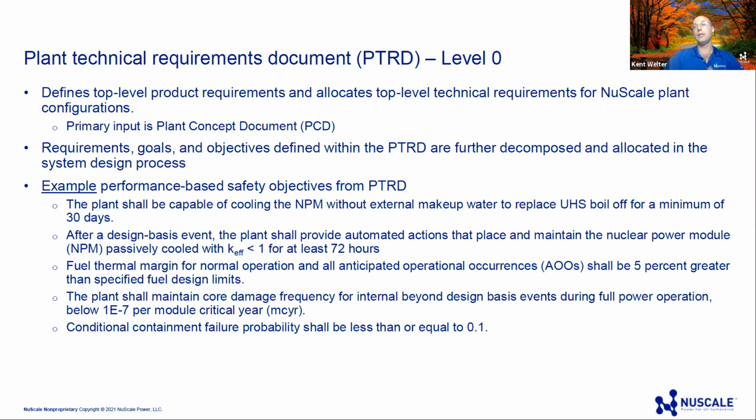So for each one of our major design configurations, we have a plant concept document, and that's where we get input from the customers, our executive team, and the engineering team, the product teams, the supply chain, and we put together in a document the concept for that product, because it might be a little bit different if a concept is in a different country or in a slight variation if it's in a different part of the U.S. There might be transportation requirements that need to be considered and so forth.